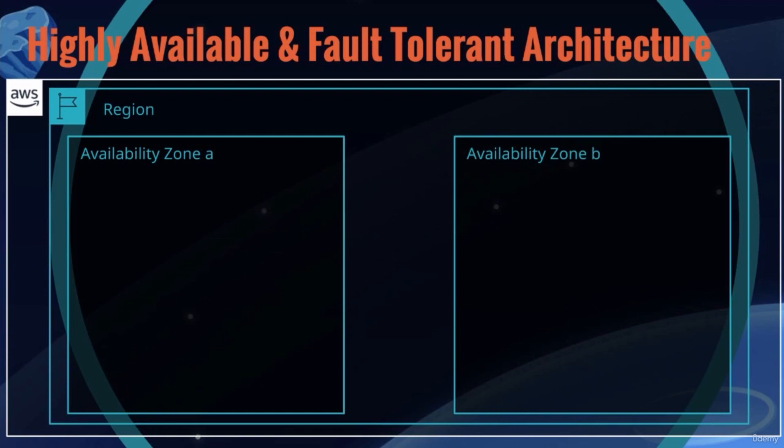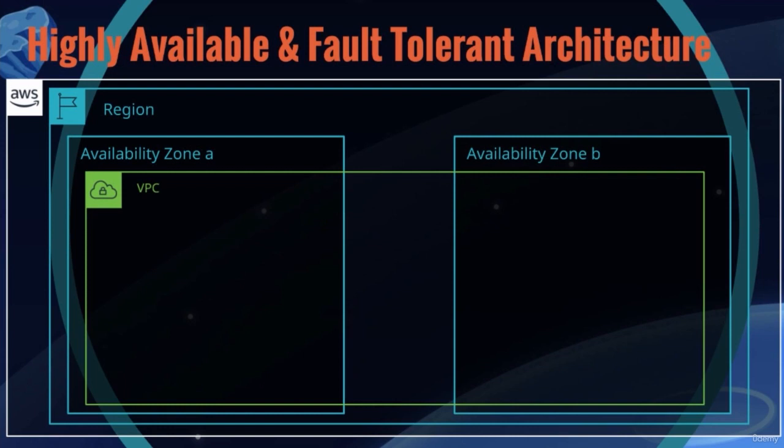Now, our virtual private cloud will span the entire region, so it will span multiple availability zones. What we can do is launch instances into both of those availability zones, and that's going to give us high availability if one of those availability zones goes down.